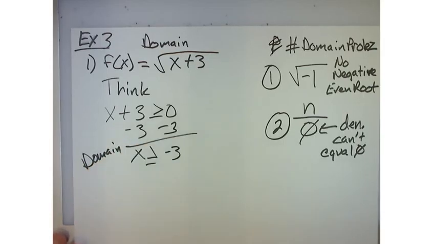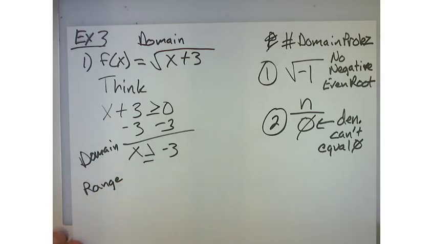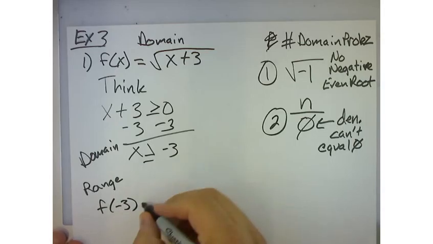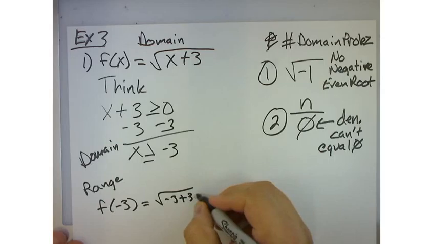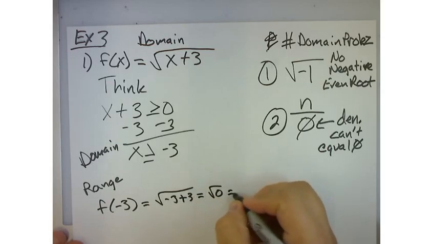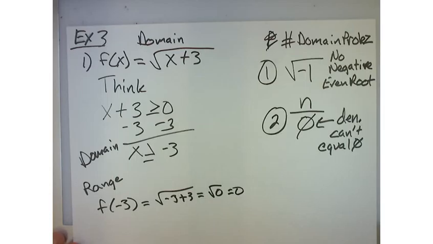My corresponding range is based on this domain. So if I were to find the range, I could evaluate the function at negative 3. This is my lower boundary. Now I can't give you a cookie cutter recipe to tell you how to figure out the range.